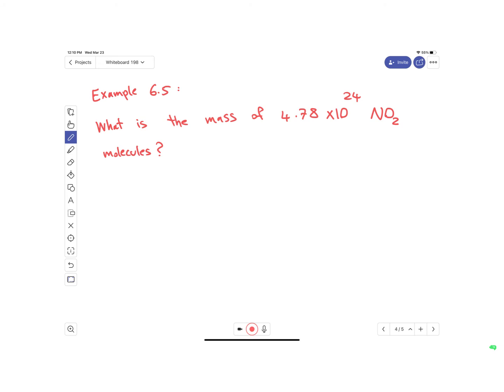In the numerator we should have 1 mole, right? Because this is how we define that, right? So 1 mole of anything is 6.022 multiplied by 10 to the power of 23 of that thing. So it would be number of molecules in this example, right?